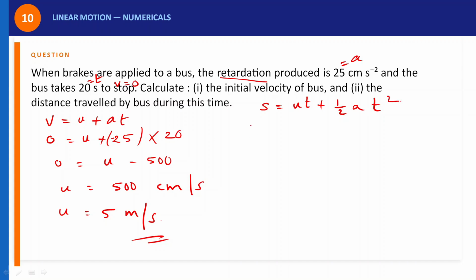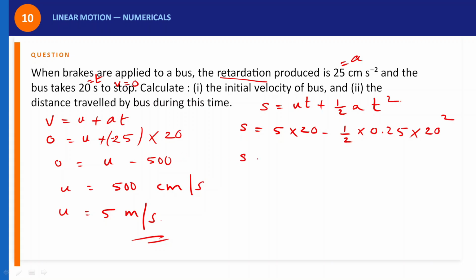We don't know, we have to find S. S equal to u, the value we found, 5. The time period is 20, minus 1 by 2 because it is a retardation, so I have taken minus. Acceleration is 0.25, I converted into the SI system, into time is 20 square.